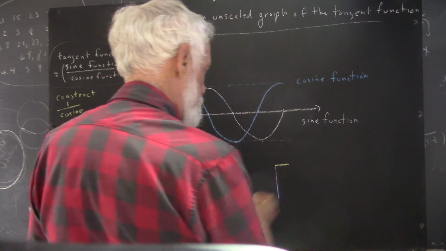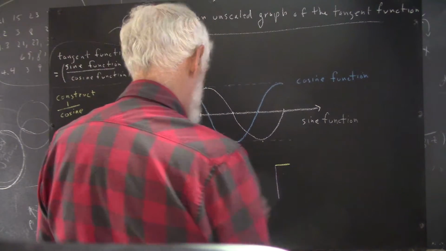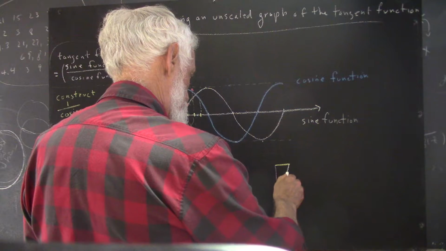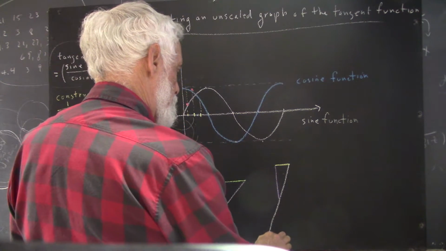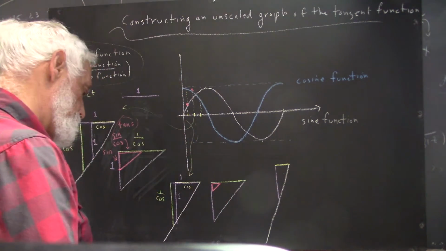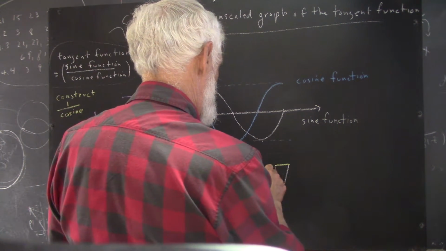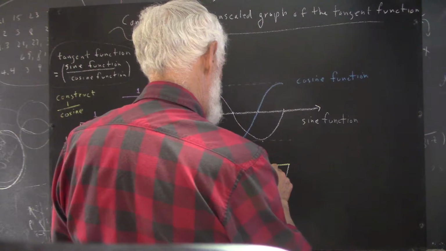Cosine's maybe a little bigger than that. Here's our hypotenuse, which we extend. Then we sketch our segment of length 1.